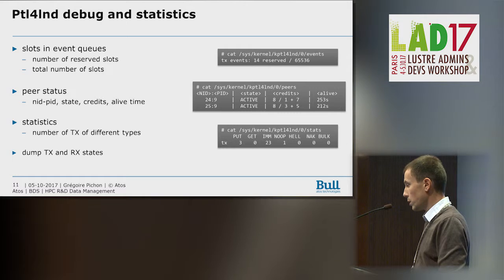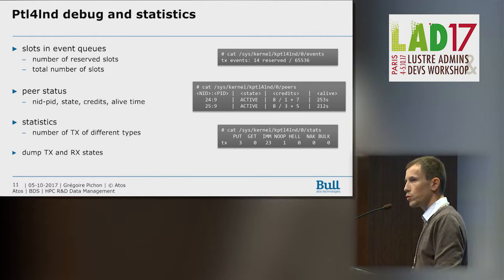Immediate corresponds to the immediate messages. No op is related to the credit management. Hello is related to the connection of peers. NAK is used to close the connection to a peer, and the bulk refers to the RDMA transmission. There are additional statistics that can be dumped to have information on the transmission descriptor state and the reception descriptors.